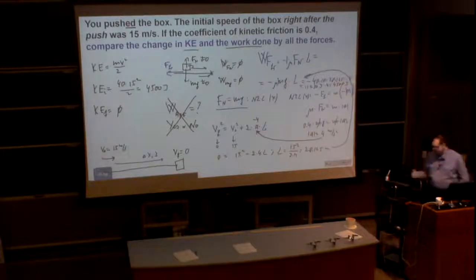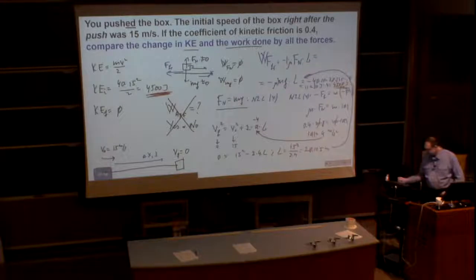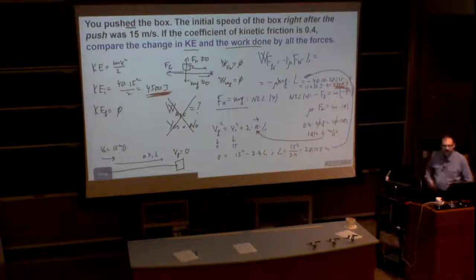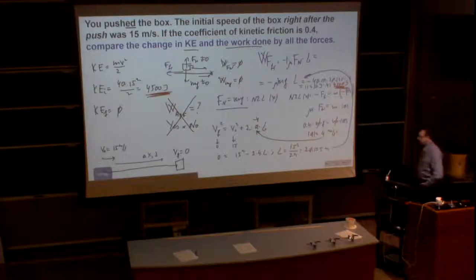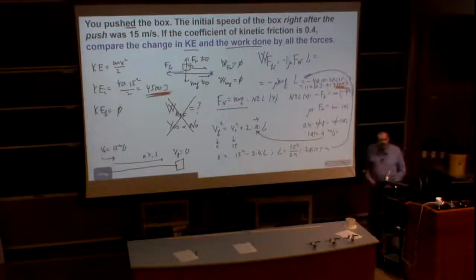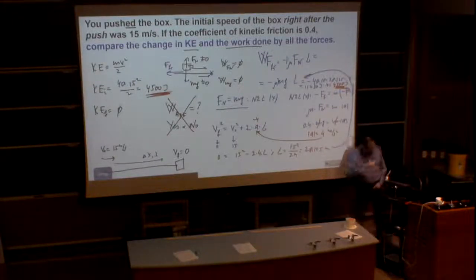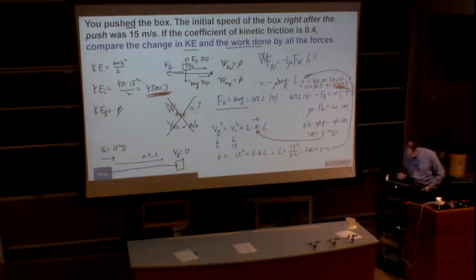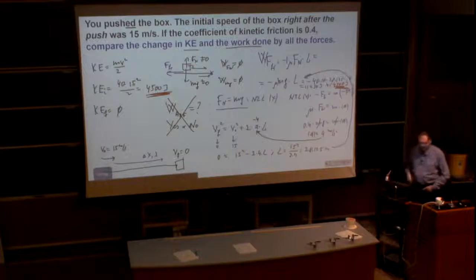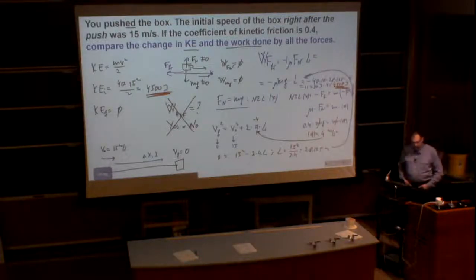And what we want to prove is that these numbers are equal to each other. On one hand, 4,500 represents kinetic energy. On the other hand, it represents the work done.